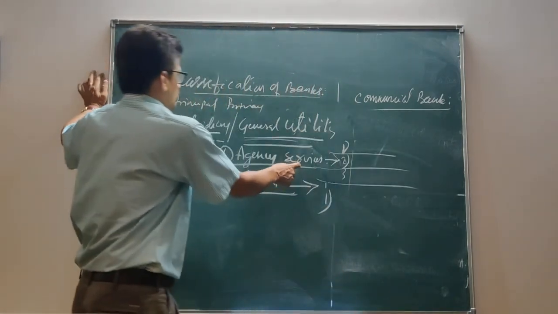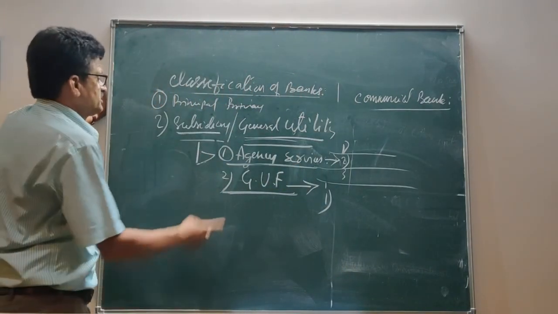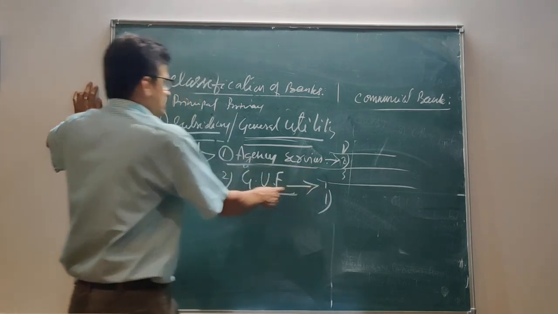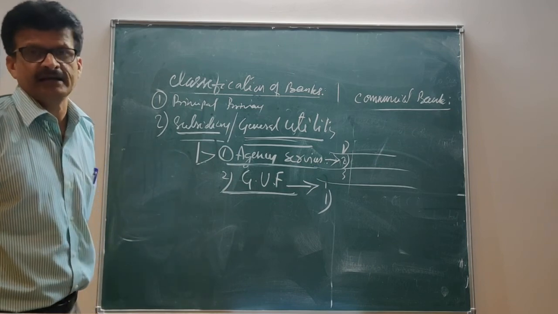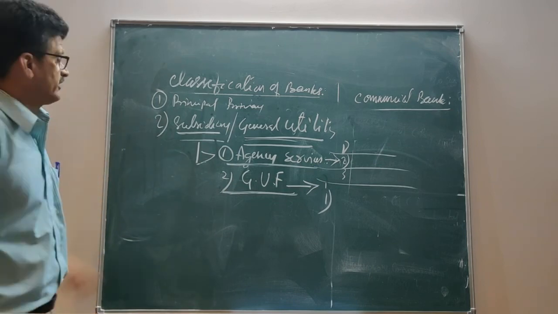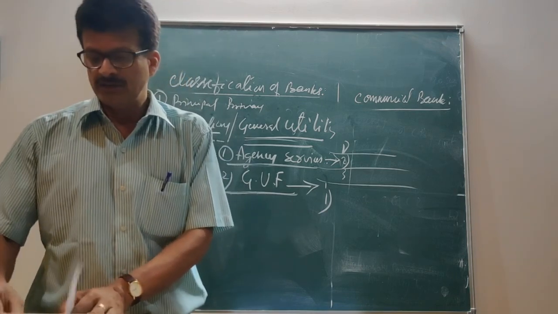And then we have looked into the agency, subsidiary or secondary functions, which are divided into agency services and general utility functions. We have also discussed branch banking and unit banking, features, merits and demerits. We have also finally referred to the role of commercial banks in the economic development of the country.